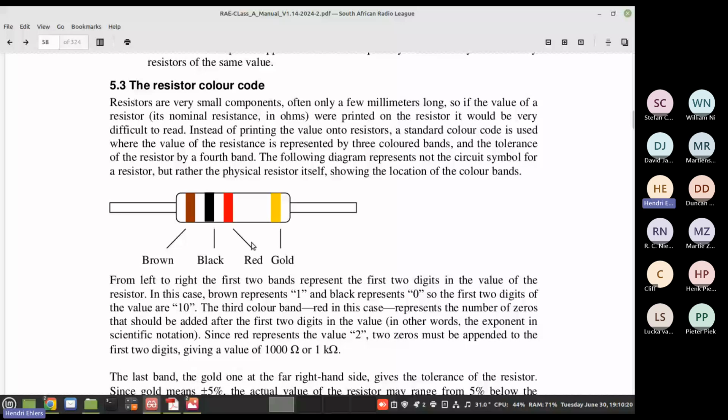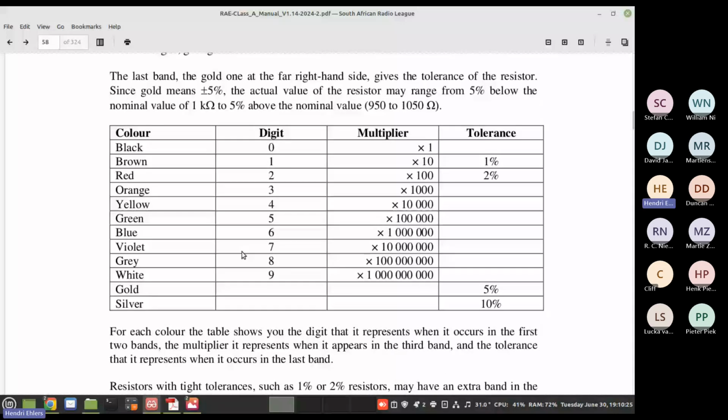And here is the color code. Now I have cleaned it up slightly. There's a little rhyme that we use, and it is bad boys rape our young girls, but Violet gives willingly. And then that's easy to remember, gold and silver.